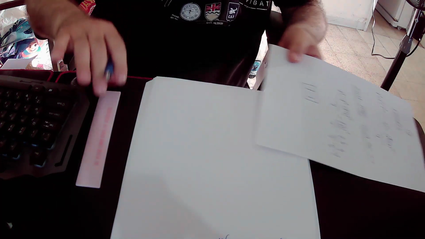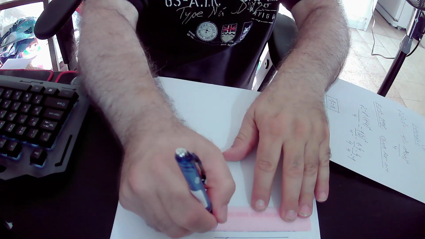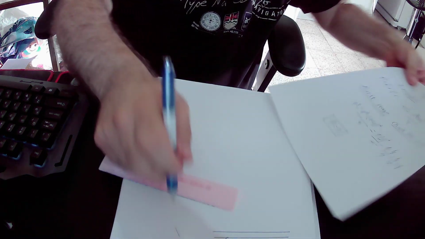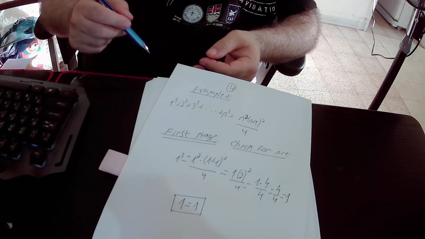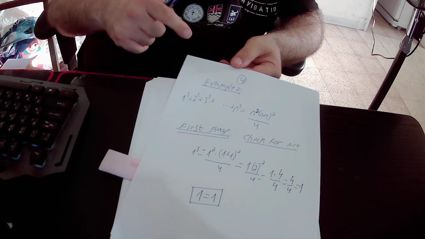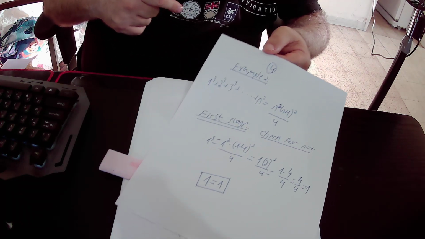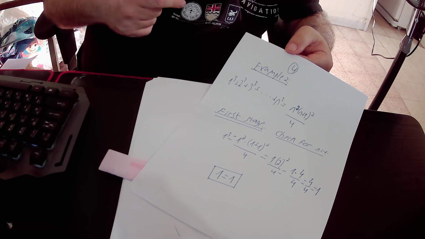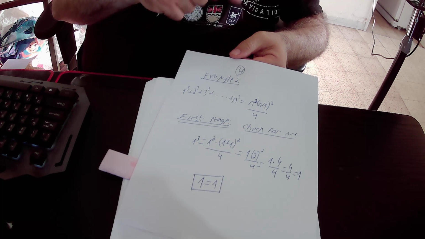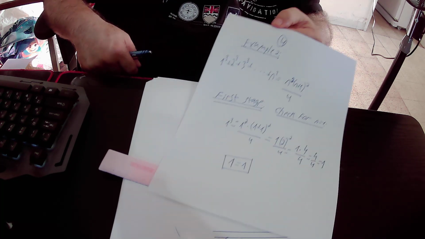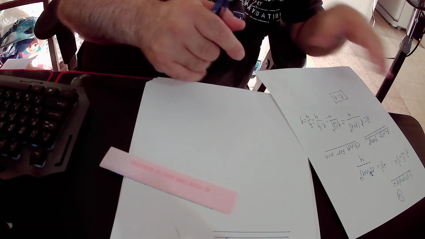That is to say, we will assume that this expression is true for n, and when we rely on this assumption, we will prove that the expression of this statement for n plus 1 is also true. So actually we will create two equations.